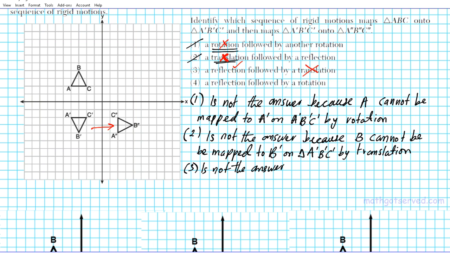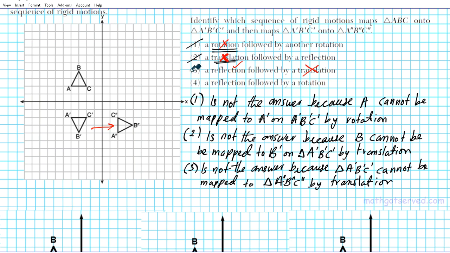Because triangle A prime, B prime, C prime cannot be mapped to triangle A double prime, B double prime, C double prime by translation. Is impossible. Okay? Alright, so number 3 is not the answer.